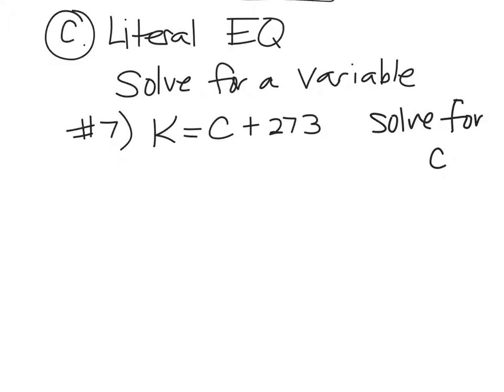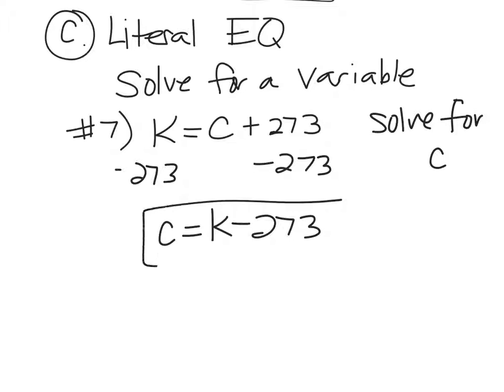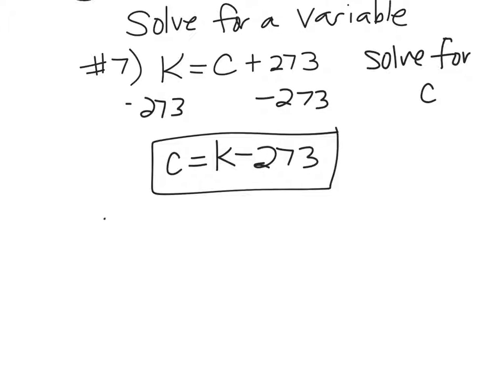C is being added to 273, so let's subtract 273 to the other side. So I get C equals K minus 273, and that would be my answer. That's all they want you to do. You're rearranging the equation to solve for a different variable. Okay, that's an easy one.